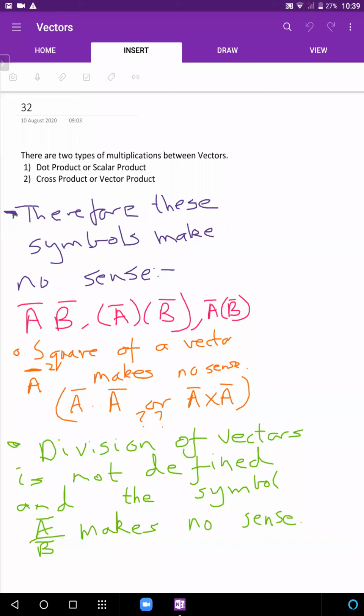Maths is a tool which is developed to support real world observations. Like 2 + 3 = 5 was developed to support real world observations. Similarly, dot product and cross product are tools which have been defined and developed to support real world observations. There are physical quantities which interact this way.